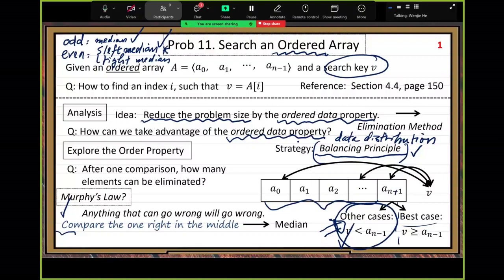So here we can also understand comparison with the median element. We can also use this balancing principle to understand it. Later when we learn quicksort, we will use this balancing principle another time.